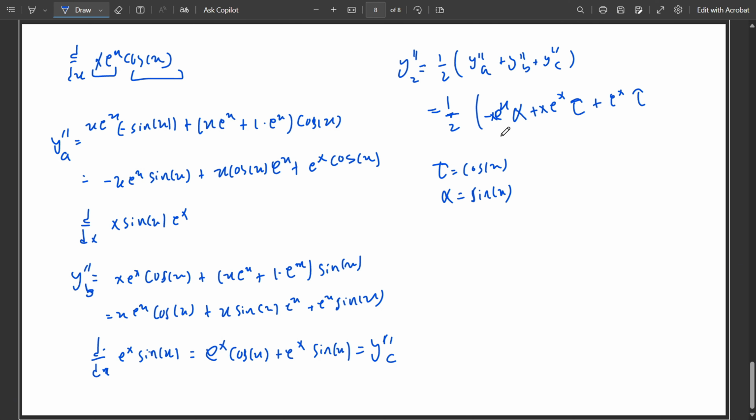So we have plus x e to the x cosine, which is tau, and then plus x sine of x e to the x, plus x e to the x sine of x, which is alpha, and plus e to the x sine of x, which is alpha. And y double prime c is just plus e to the x tau plus e to the x alpha.